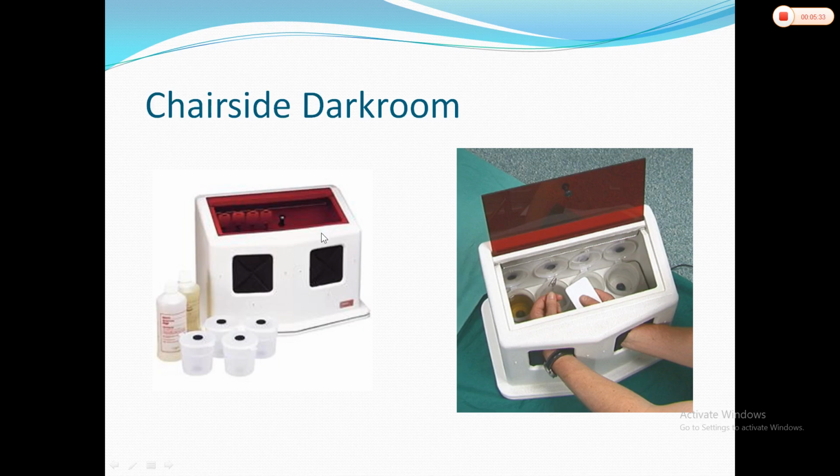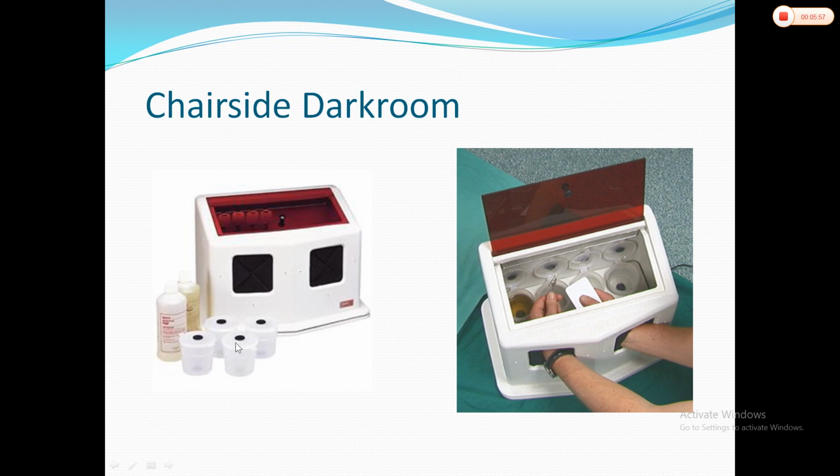Chairside dark room is a small box or chamber like setup containing two window like openings covered by cloth through which we can pass our hands and develop the film inside the box. Inside the box, small containers are present.